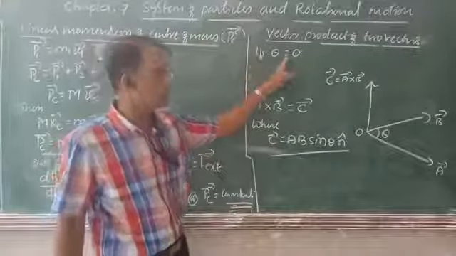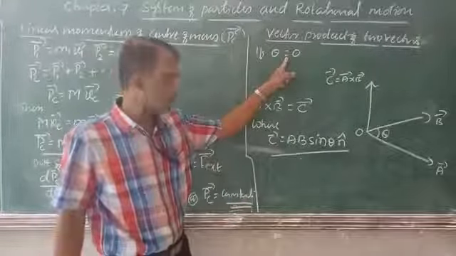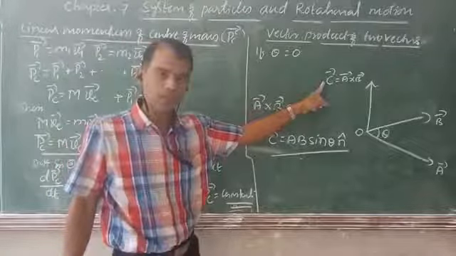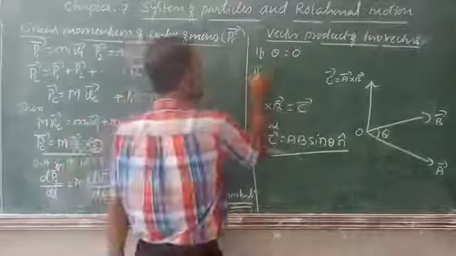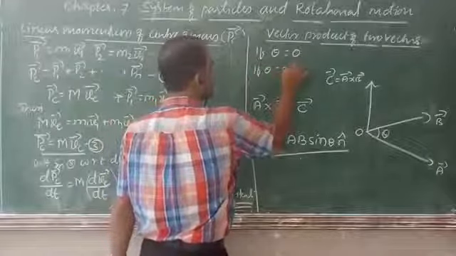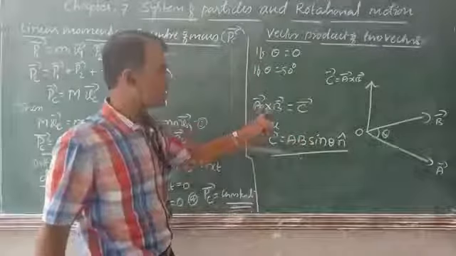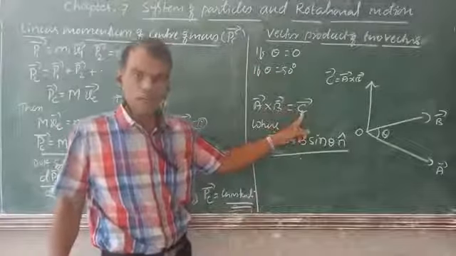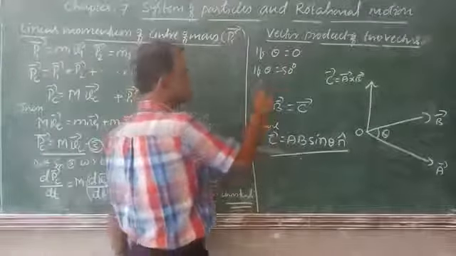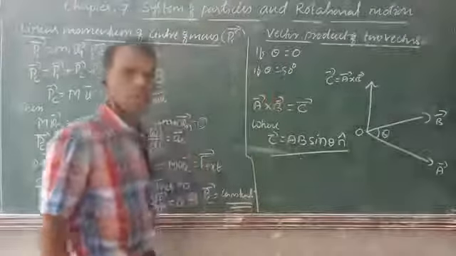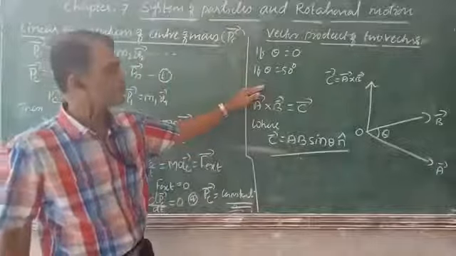If theta is 0, then the cross product of two vectors is a zero vector. Then if theta is equal to 90 degrees, the magnitude of the cross product is maximum, A cross B is equal to AB.